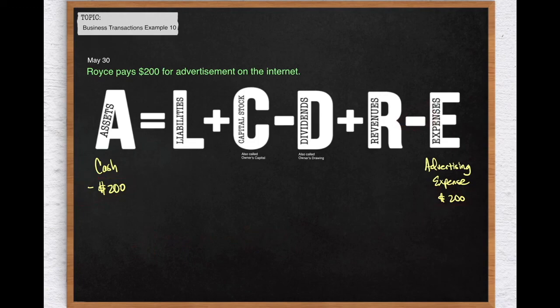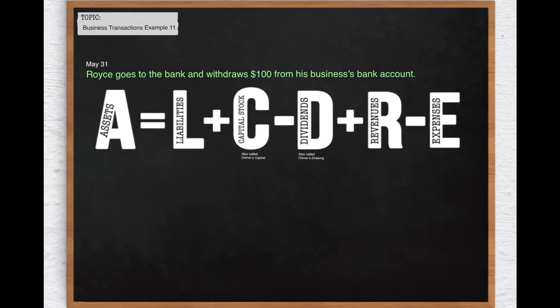The next example is coming up. Here it is. Royce goes to the bank and withdraws $100 from his business's bank account. I know I've been saying he pays, he does this and all that, but in reality, we are the business. The accountant is the business and keeping track of business transactions.